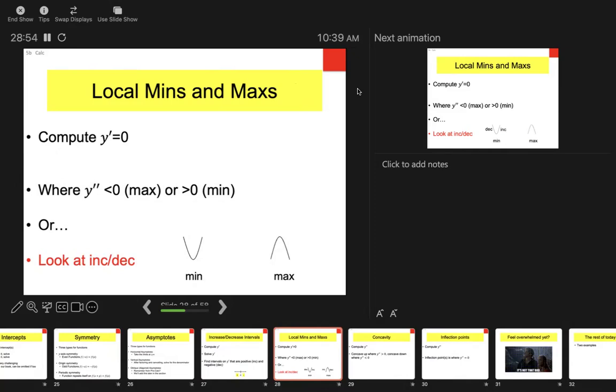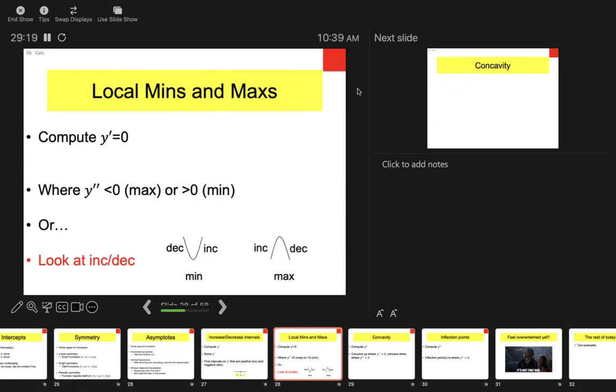If this is a min and this is a max, yes? What happens to the left of a min? Decreasing. What happens to the right of a min? Increasing. And in the previous step, you just found out where it increases or decreases in relationship to where y prime is equal to 0. So you're already going to know whether it increases or decreases. And then on a max, it should increase, then decrease. Does that make sense?